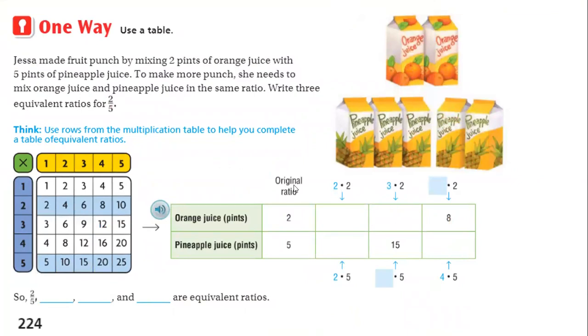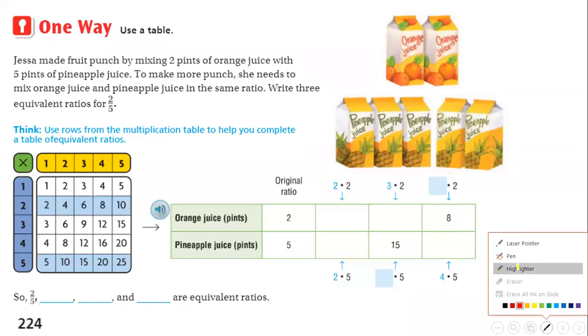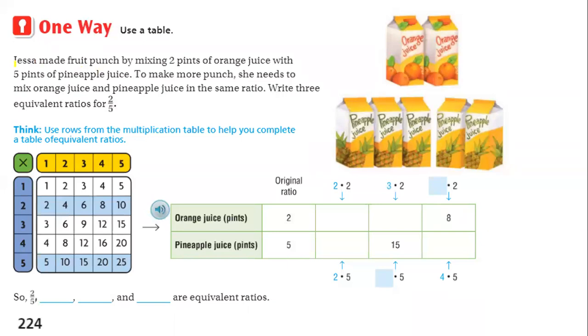The first one who raised his hand here is named Ahmed Badr. So Ahmed, read with me, please. Can you hear me? Yes. She made fruit punch by mixing 2 pints of orange juice with 5 pints of pineapple juice.